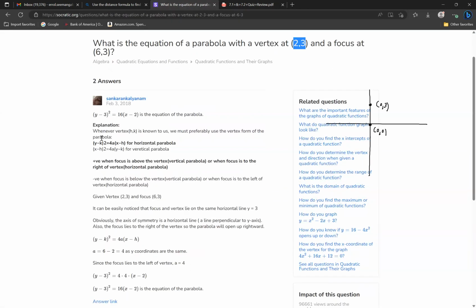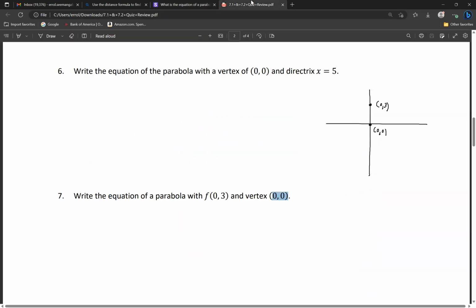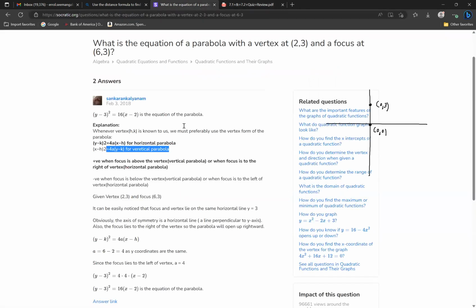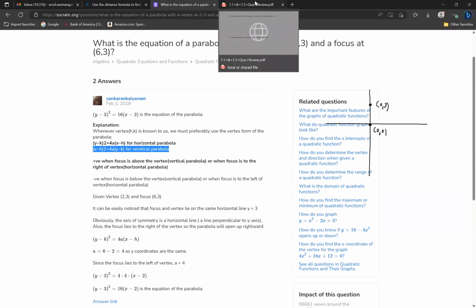All right, so which one do we use? This one or this one? I'm thinking it opens up or down, so we're going to use this one. All right, let's write that down.